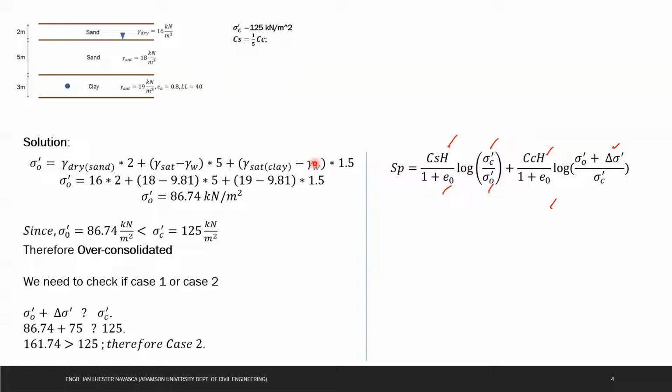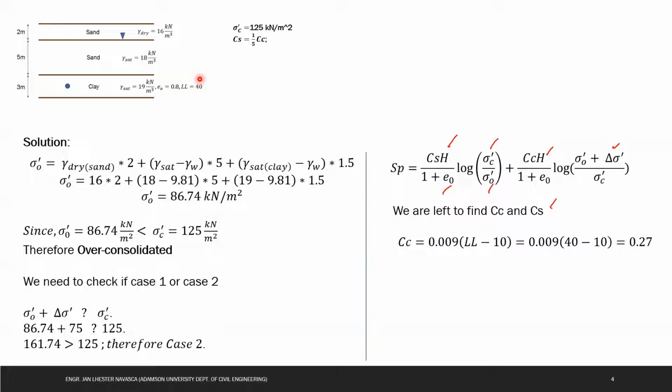So recall the formula for getting the value of the compression index. Since our problem gives a liquid limit, LL, of 40, we need to use the Skempton formula, or the Skempton equation.